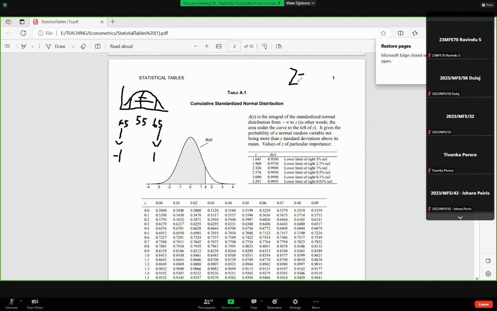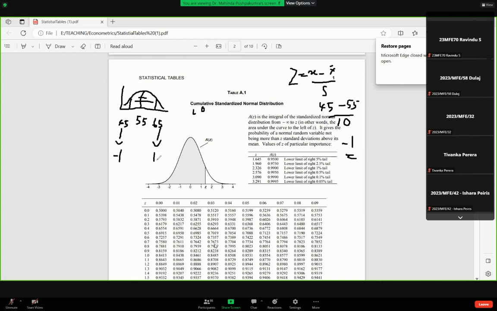Z is equal to X minus X bar divided by the standard deviation. X is 45, X bar is 55, and the standard deviation we assume is 10. Then the answer is minus 1, and here plus 1.